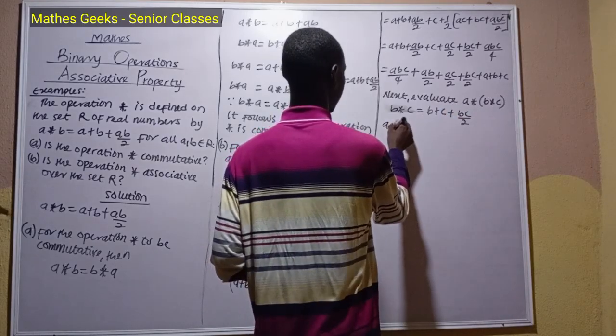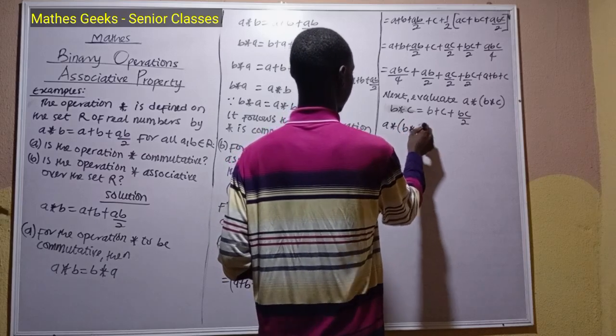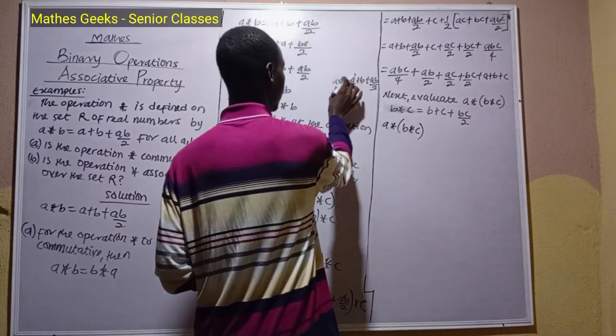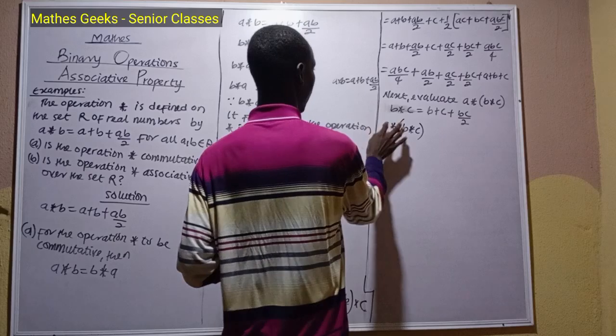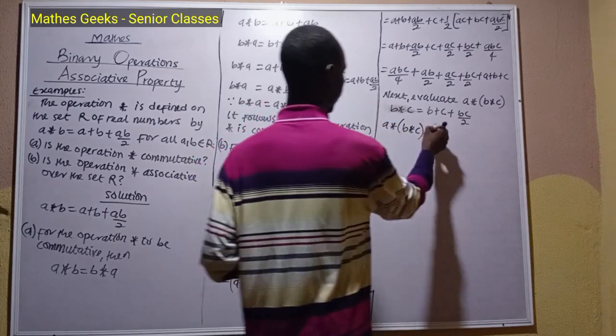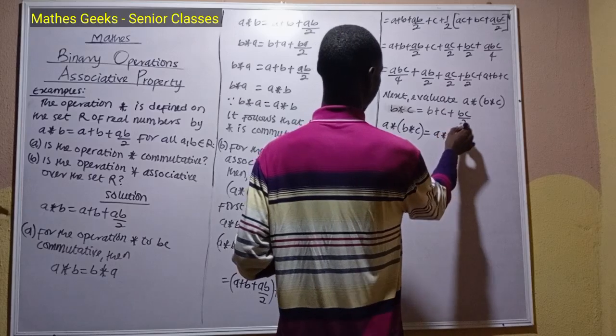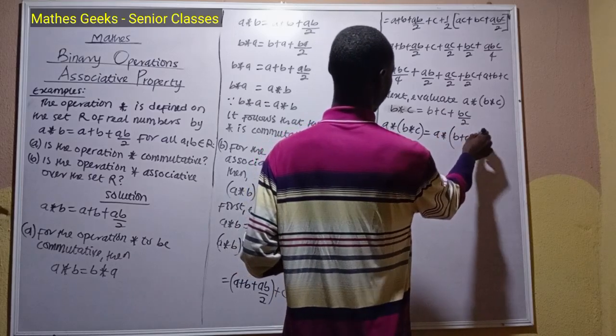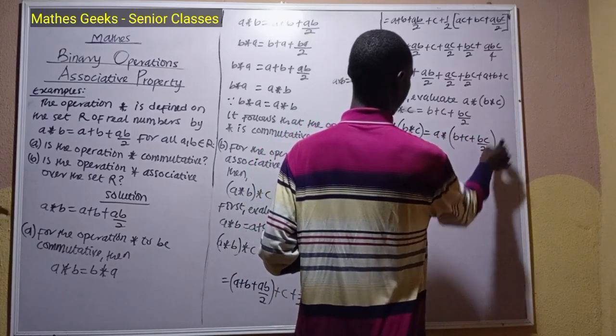We have A star B star C. So now from this general rule of combination, our A is this and our B is the whole of this. So this will give us A star B plus C plus BC over 2.